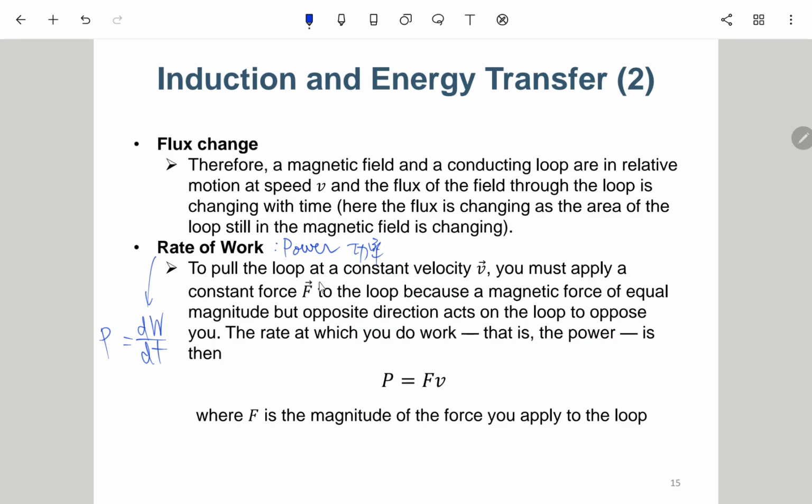It says to pull the loop at a constant velocity v, you must apply a constant force F to the loop, because a magnetic force of equal magnitude but opposite direction acts on the loop to oppose you. The rate at which you do work, that is the power, is then given by the expression P equals Fv.